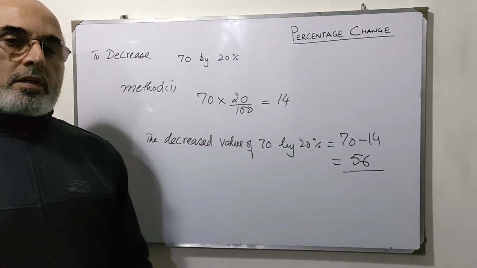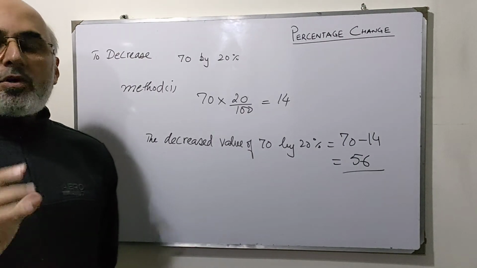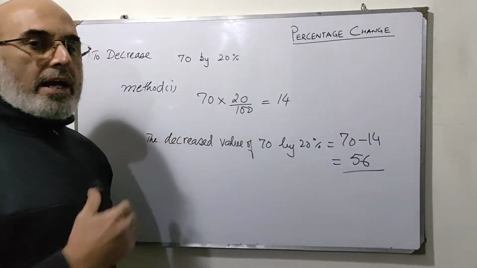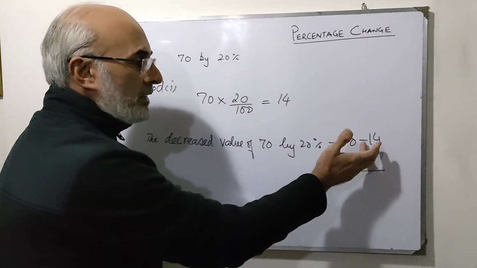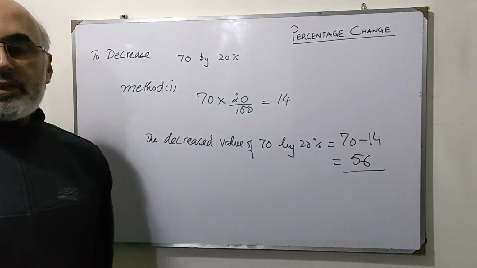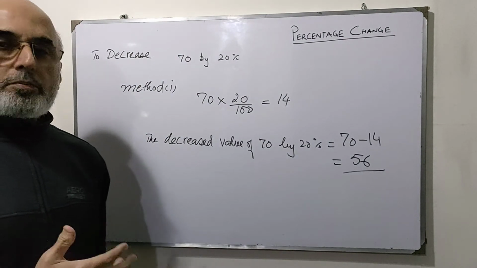So it's very similar to how we increased. The only difference is, in increase we were adding 14 to the original number. In decreasing we are subtracting the value to be decreased from the original number.